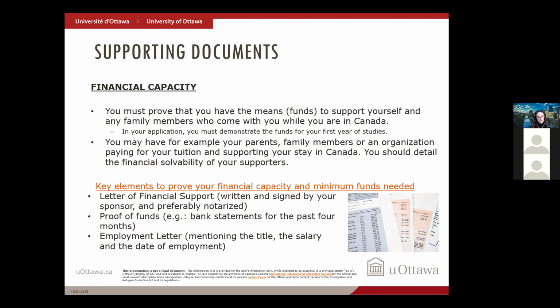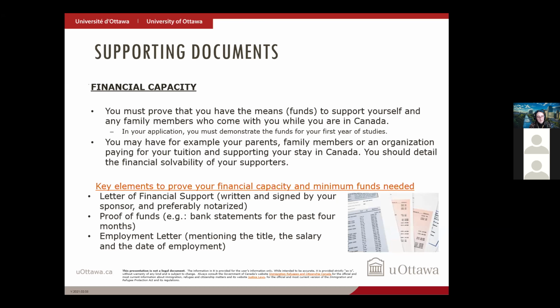It's not enough to just include, let's say, your parents' bank statements, because then there's still no link. There's nothing that confirms that they were going to give you that money for school. I know it sounds a little bit silly, but you really have to make it explicit that they will be providing you with the funds in their account.